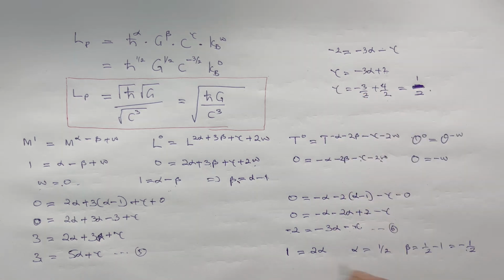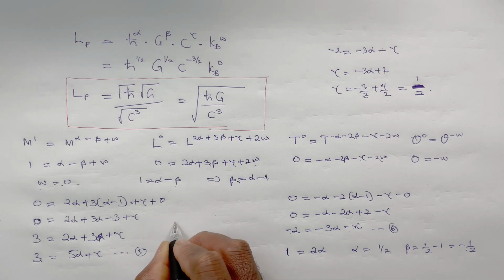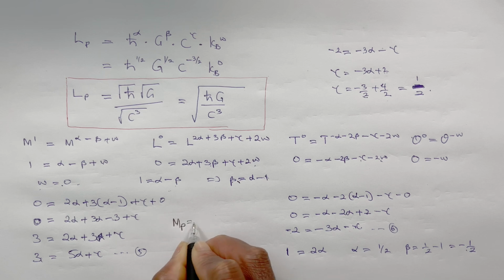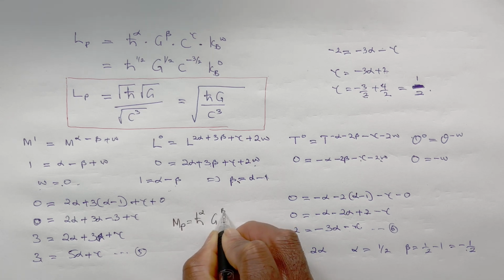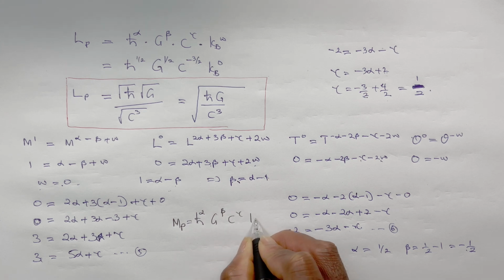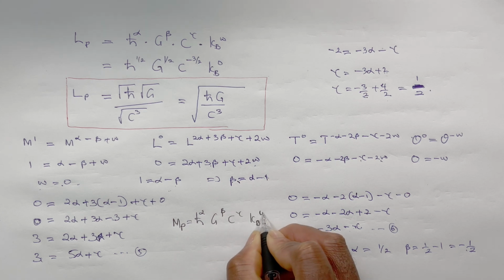Okay, so now I need to put it into the formula. For mass, we know that mass is going to be h bar to the alpha, G to the beta, c to the gamma, kB to the omega.